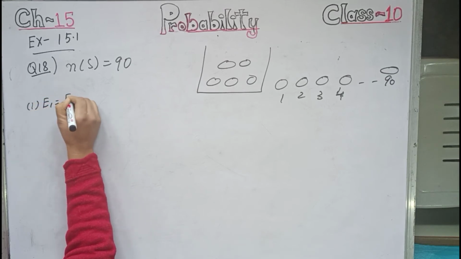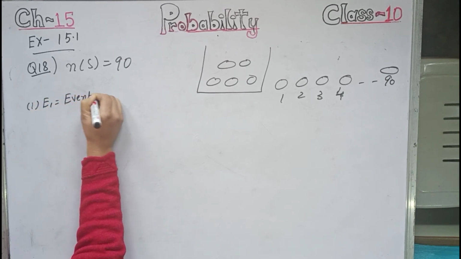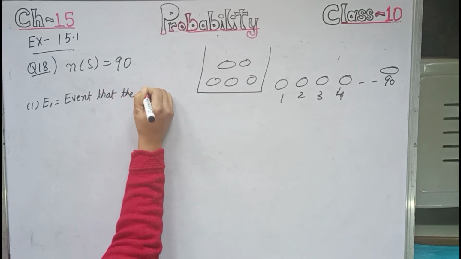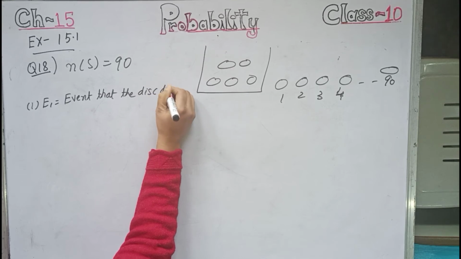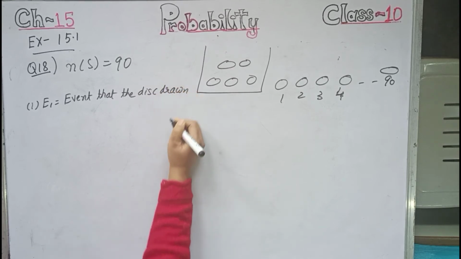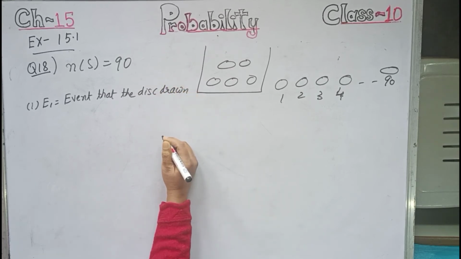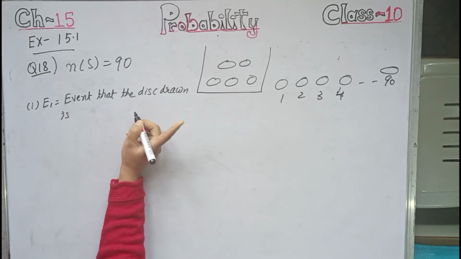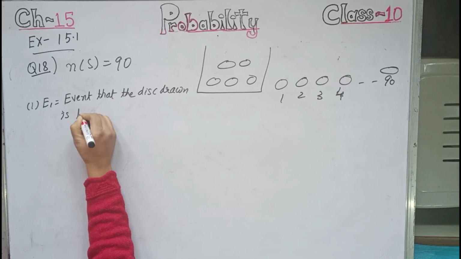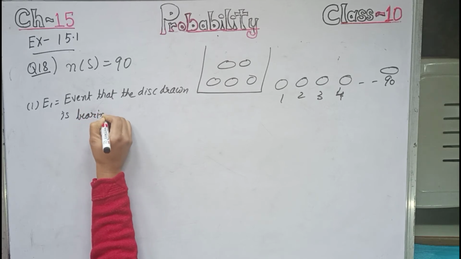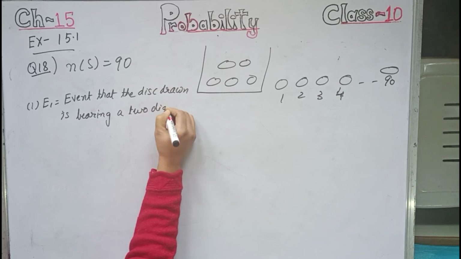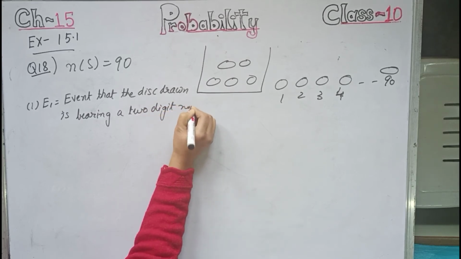E1 equals event that the disc drawn is bearing a 2-digit number.